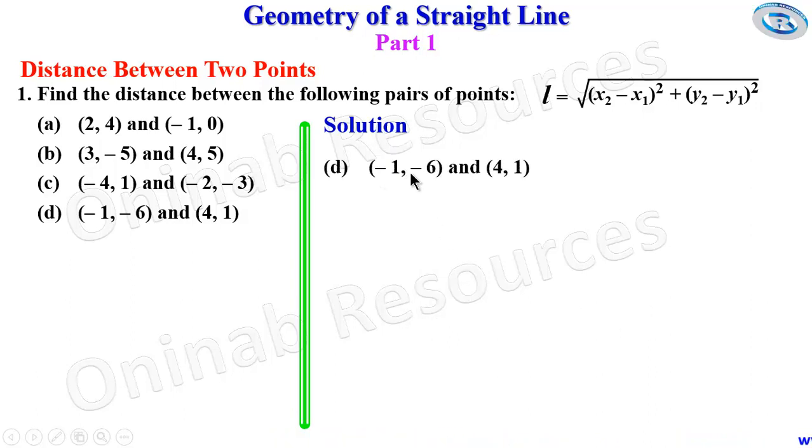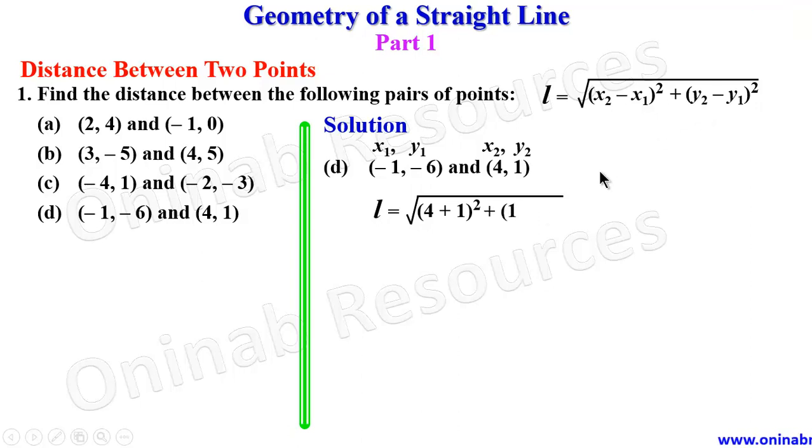We then go for D. So for D, (-1, -6) and (4, 1). So we name the points again, x1, y1 and x2, y2. So the distance now, substituting into the formula, x2 is 4 minus x1, that is minus minus 1 gives plus 1 all squared. Then plus y2, which is 1, minus minus 6 gives plus 6 all squared.